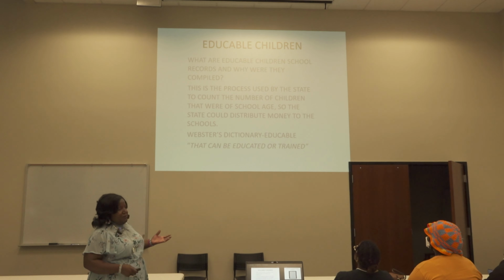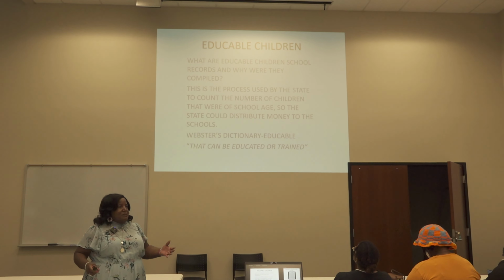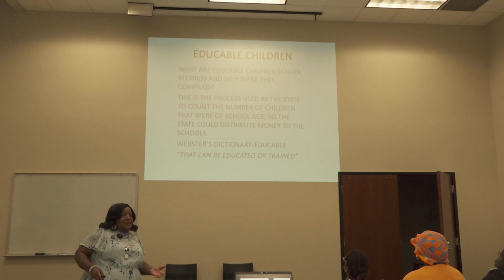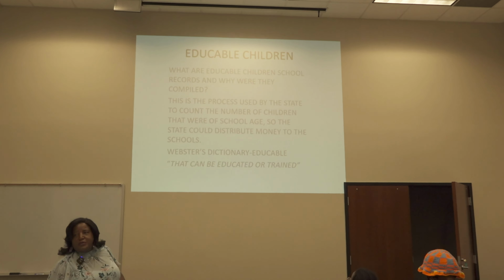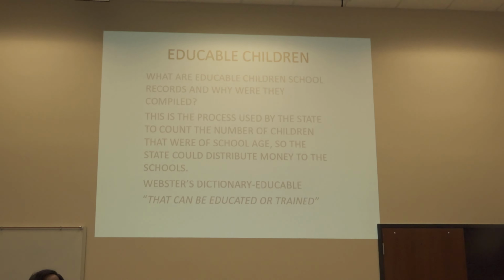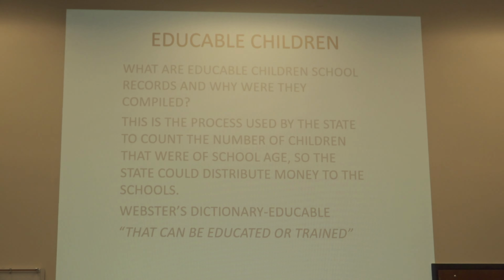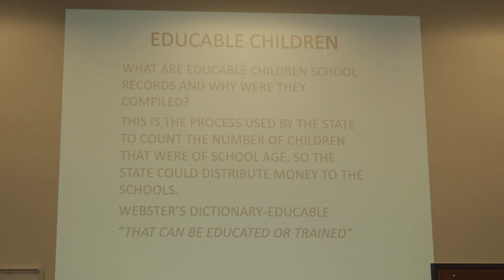So someone was asking me, what are the eligible children's school records? It was a way to count the students in a school so they get their money from the state. Like the state allots so much money per child, right? So you did not have to be enrolled in school to be eligible to be educated, okay?